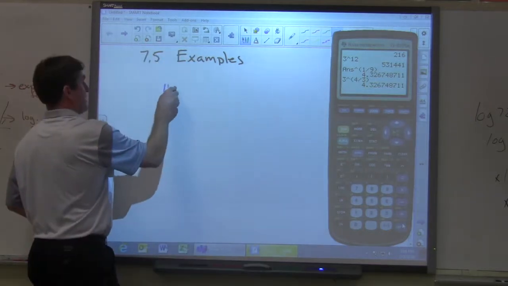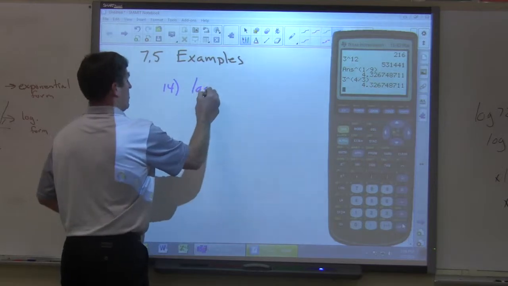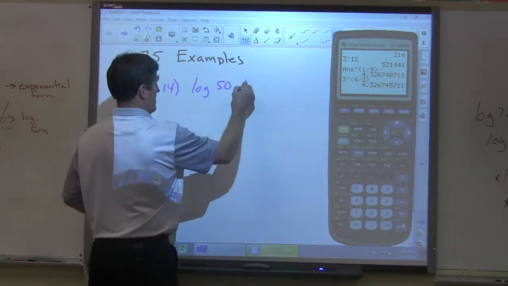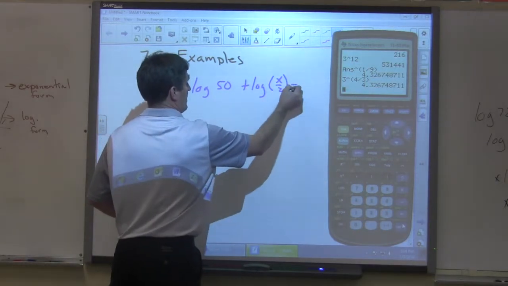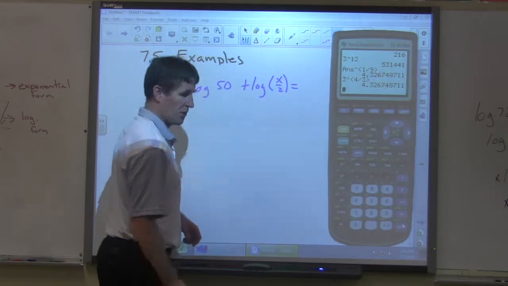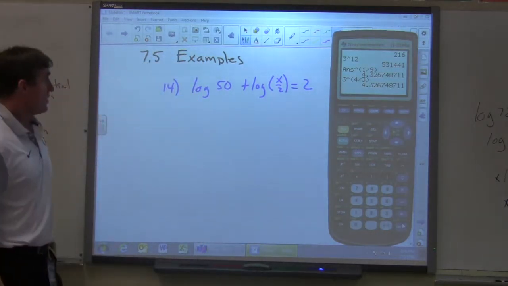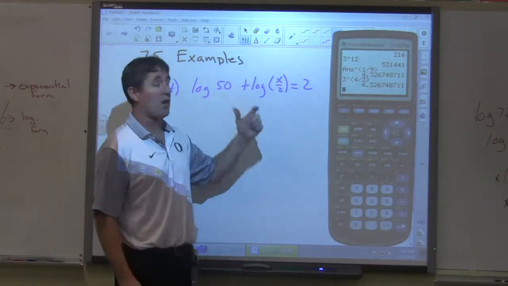We'll do 14 next. So 14 says log 50 plus log x divided by 2 equals 2. So again, our exponent's over here, so our variable's not there, so we want to get rid of the logarithms.